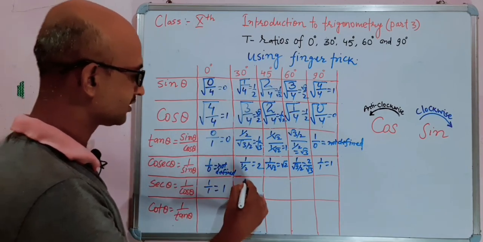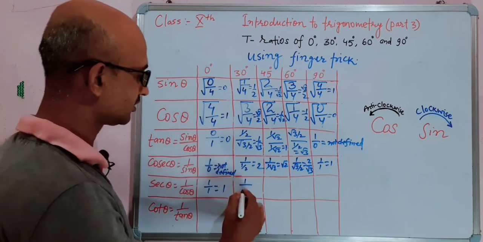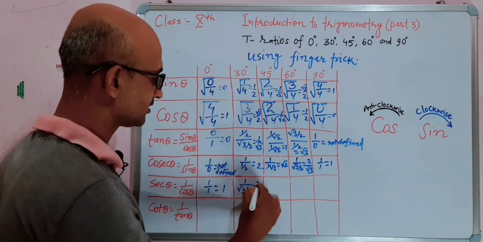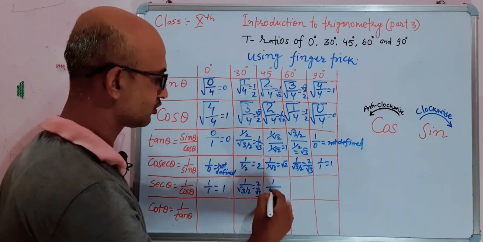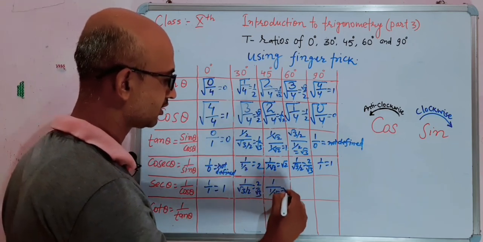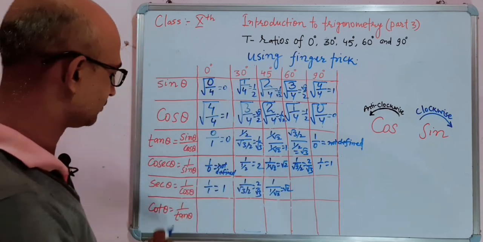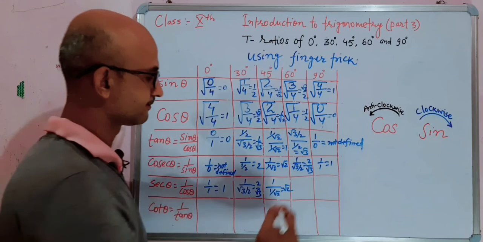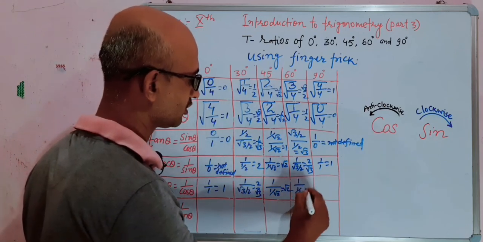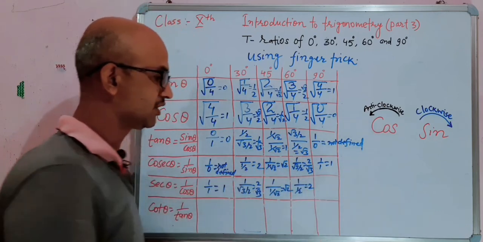Sec 30, it is reciprocal of cos 30, that is, it is 2 by root 3. Sec 45, it is reciprocal of cos 45, that is root 2. Sec 60, it is reciprocal of cos 60, that is reciprocal of 1 by 2, we get 2.